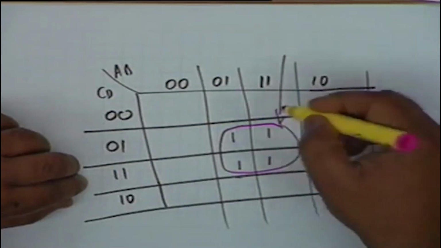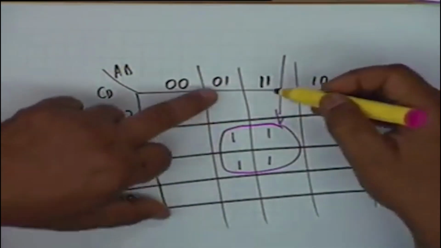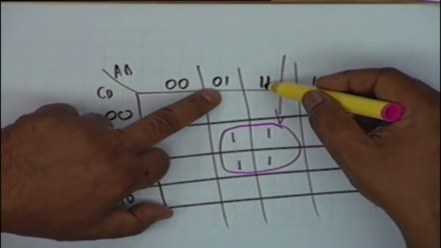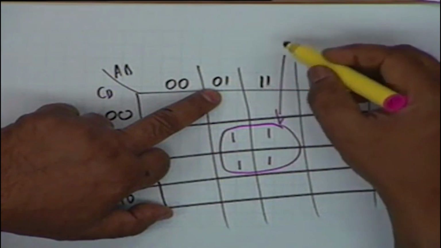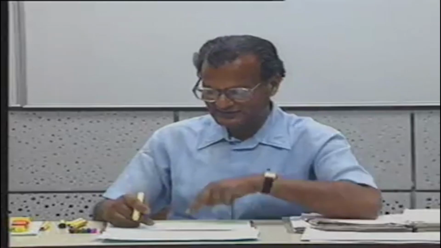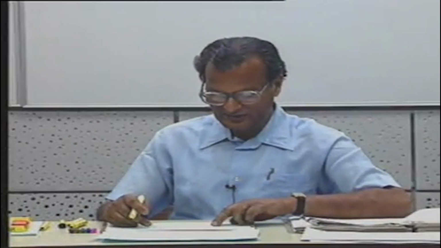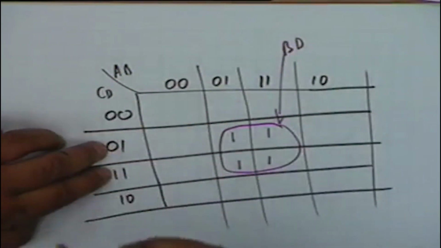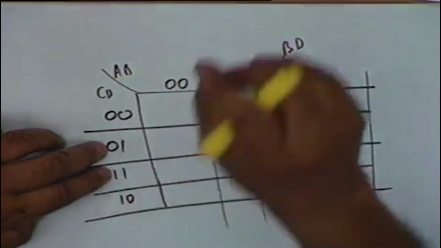The expression corresponding to this, you see, 0 1 1 1, A has changed. Therefore it should be independent of A. It should have a B. Here 0, 1, 1, 1. What has changed? C has changed. Therefore, this simply represents BD. And it's a tremendous simplification.